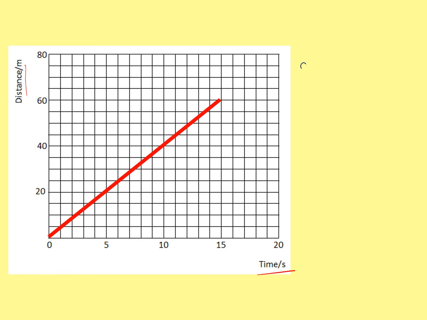So to find the total distance travelled, we go to the end of the line and we work backwards. You go that way along the line and you get to 60. So distance is 60 metres. Now the total time taken, we do the same, but we go down to the x-axis and we get 15 seconds. So time is 15 seconds.